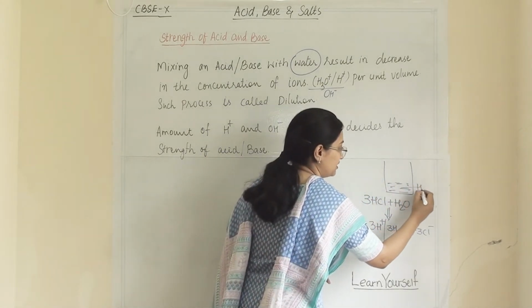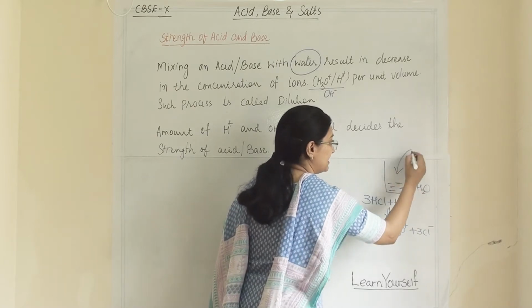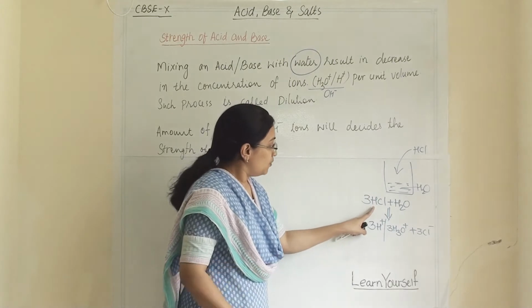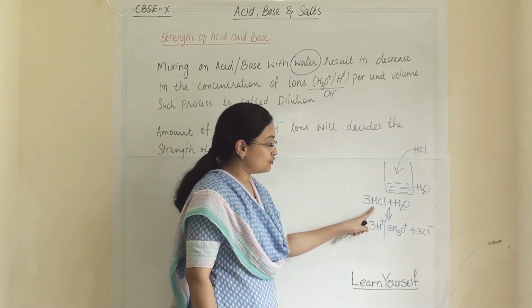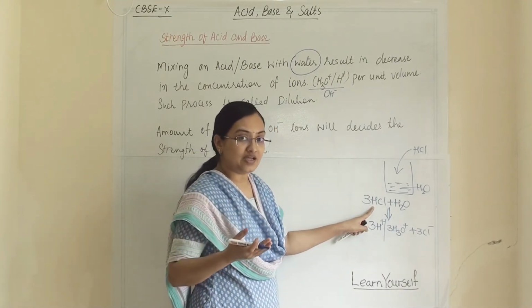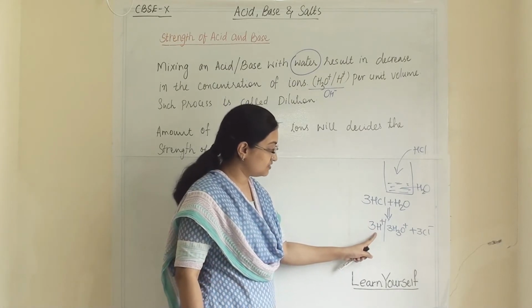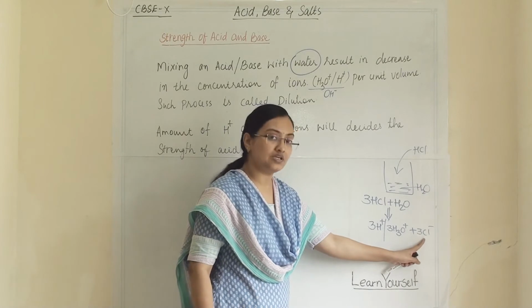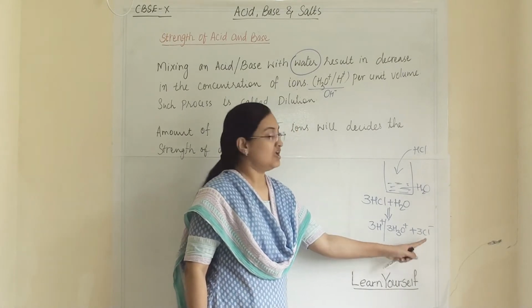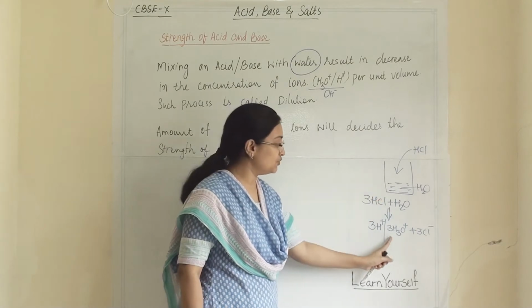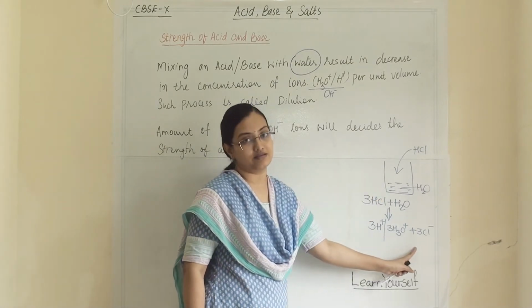This is our water, and you are adding acid into it in a drop-wise manner. When 3 molecules of HCl ionize, you will get 3 hydronium ions and 3 chloride ions. As you add more and more hydrochloric acid, you will get more and more ions.